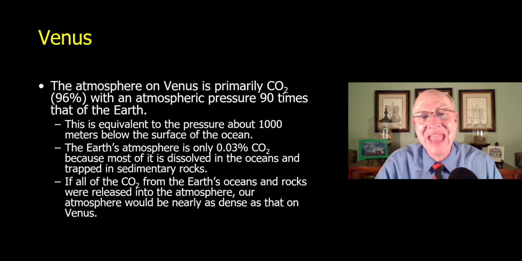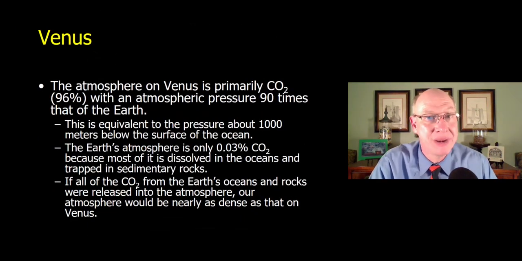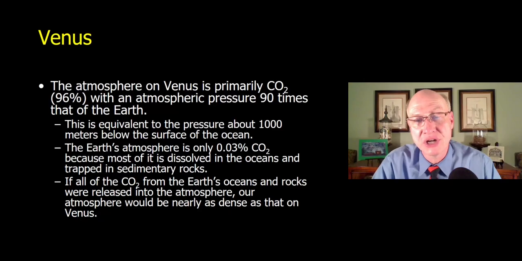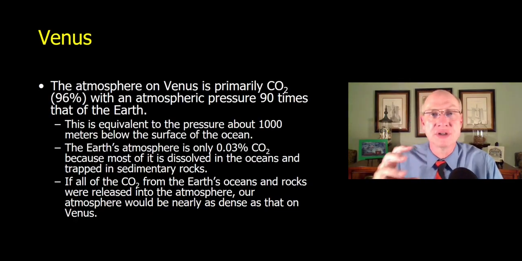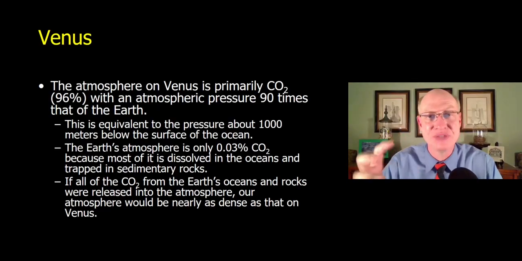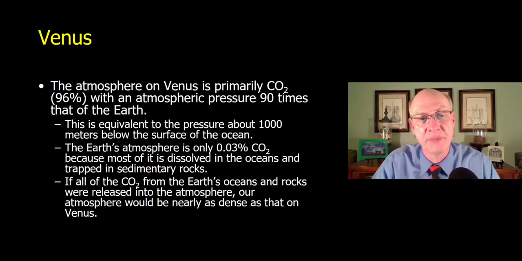All right. The atmosphere on Venus is primarily carbon dioxide with an atmospheric pressure that's typically about 90 times our atmospheric pressure on Earth. We saw in the lecture on atmospheres that this is equivalent to about 1,000 meters below the surface of the Earth's ocean, and that's deeper than even nuclear submarines can travel. And if we took a nuclear submarine to the surface of Venus, the atmospheric pressure on Venus would crush the submarine.